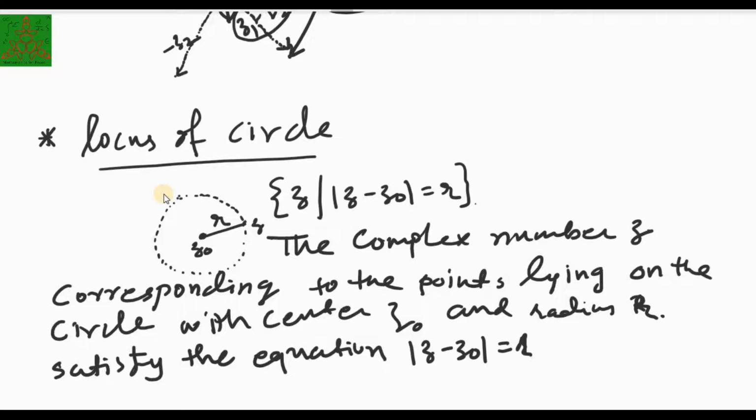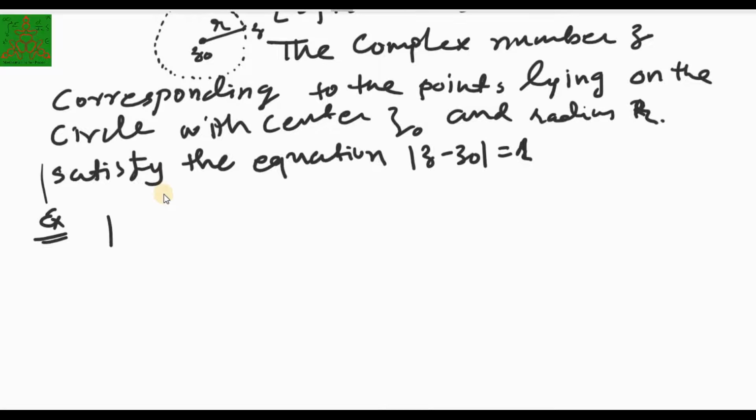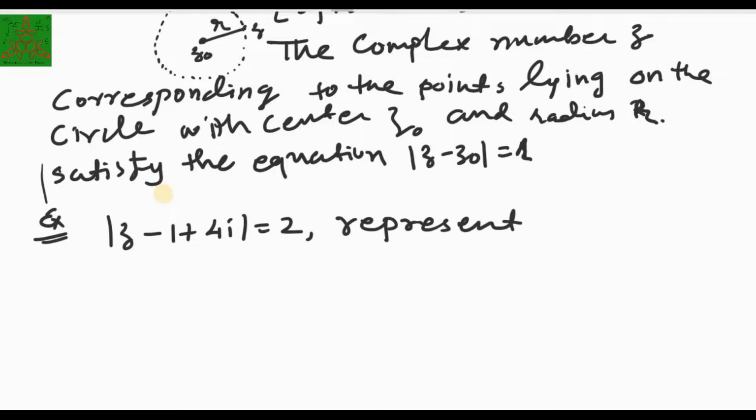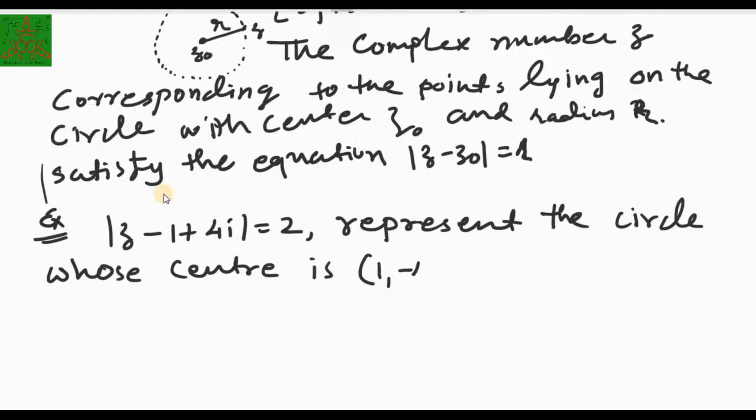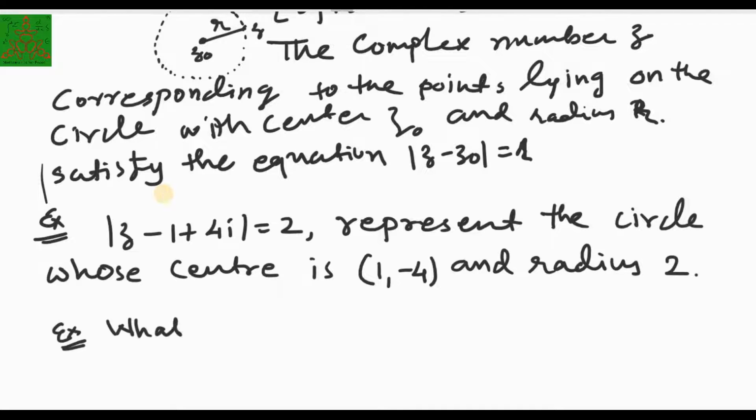For example, if I consider an example, mod z minus (1 minus 4i) equal to 2 represents the circle whose center is 1 comma minus 4 and radius will be 2. So I'm giving you this as an exercise for you: what is the locus of an ellipse?